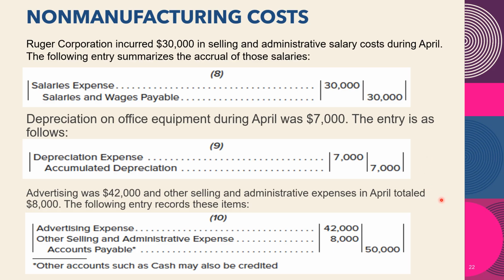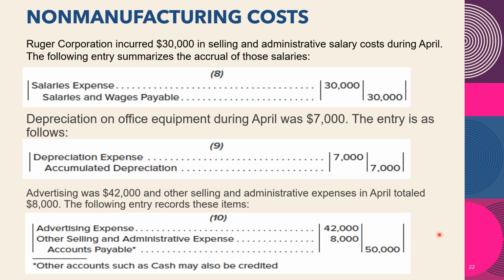Now the next one is the advertising expenses. Advertising was $42,000 and other selling and administrative expenses in April totaled $8,000. The following entry records these items. You debit advertising expense by $42,000.